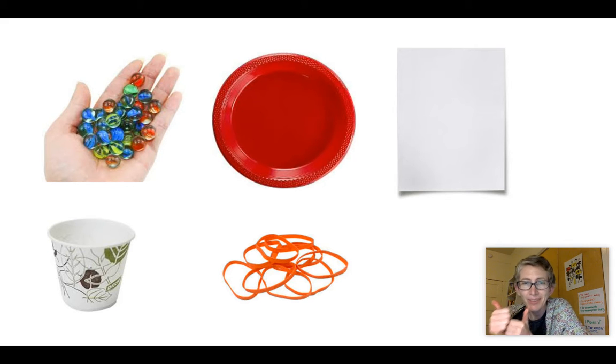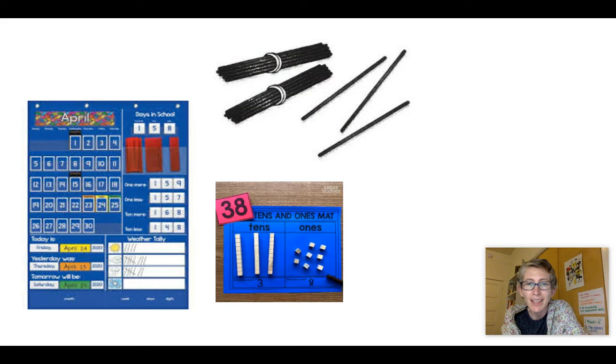Ready? Okay, so we have something to count and somewhere to count it. Here we go. Today we're going to be learning about place value. We've already started learning about this in the classroom when we used to do our calendar routine. Remember how we used to count our straws? And when we got a bundle of 10, what did we do with those 10 straws?